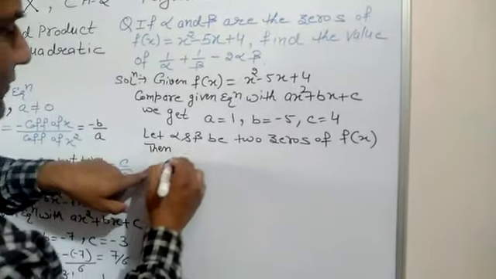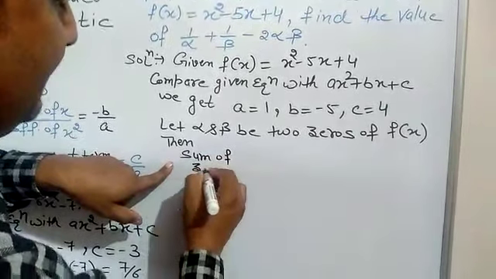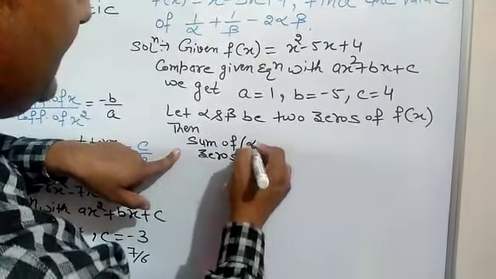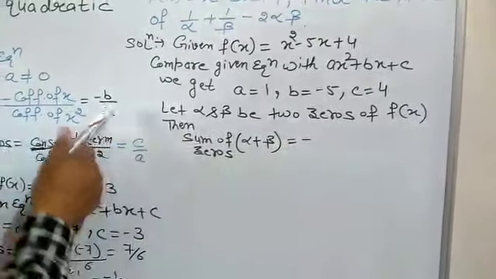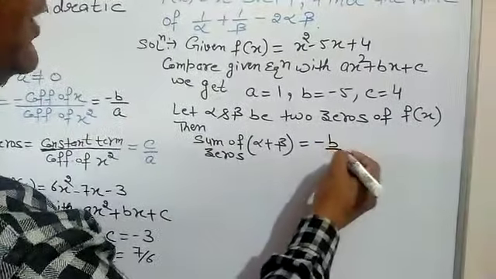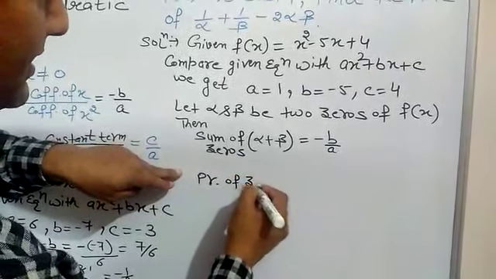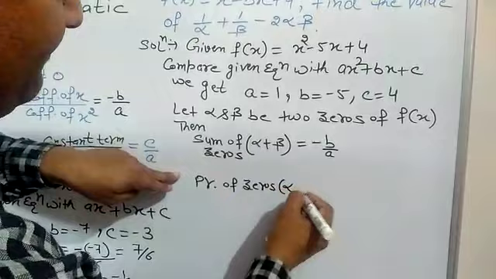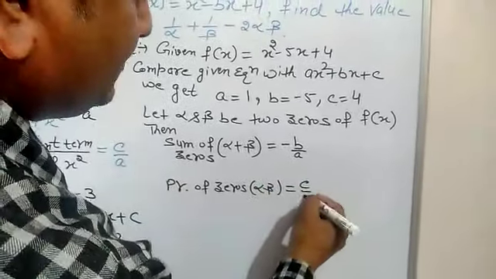Then sum of zeros, that means alpha plus beta is equals to, according to the formula, minus b upon a, and I am writing here product of zeros. Product of zeros, alpha beta is equals to, guys, according to the formula, c upon a.